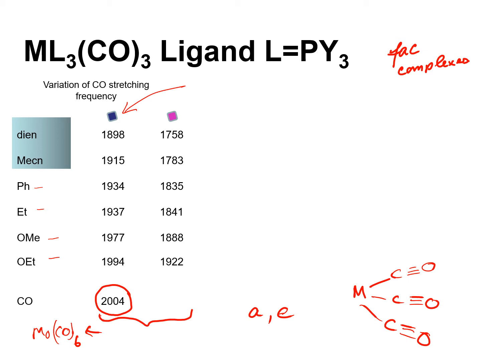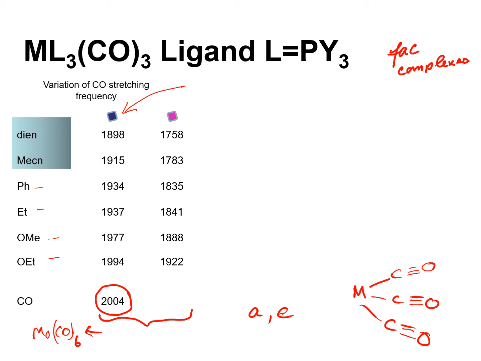And when you change it to an ethyl group, then the stretching frequency goes up in value, which means that the carbon monoxide on the trans geometry is experiencing less electron density in the pi star. If I change it to OMe, where you have a methoxy group, then the stretching frequency even goes up in energy.